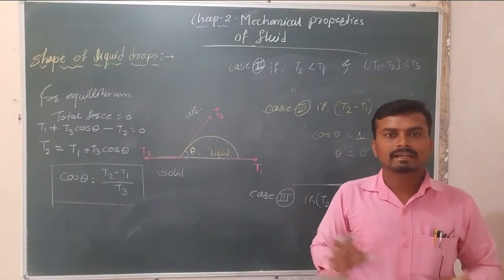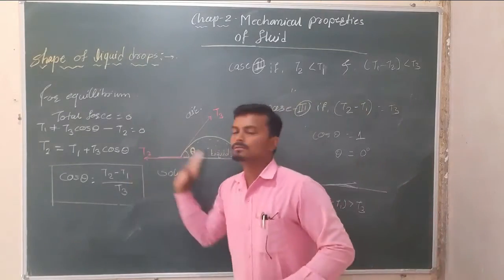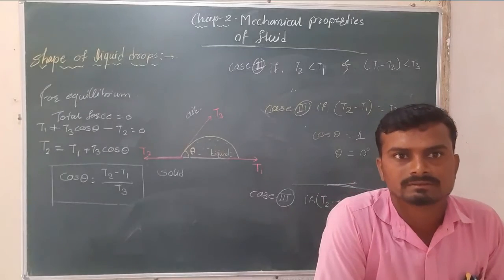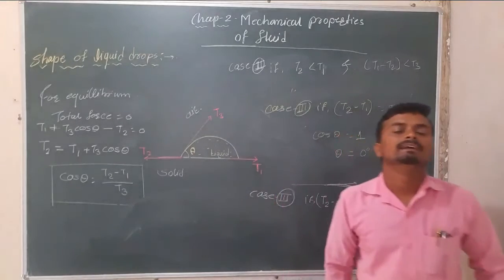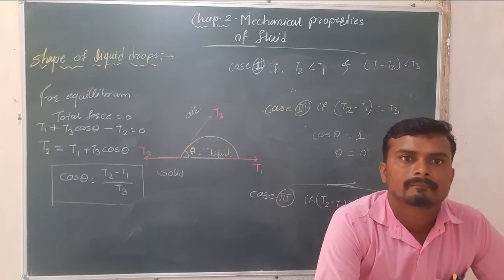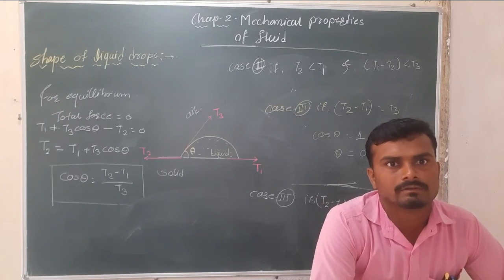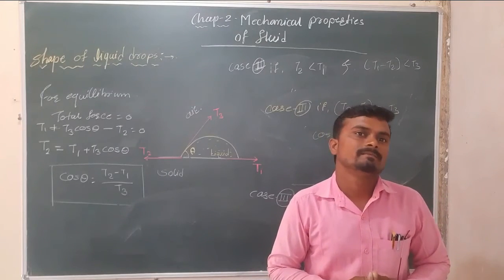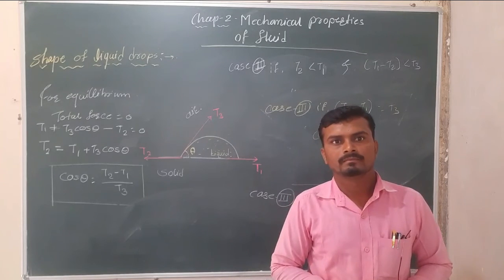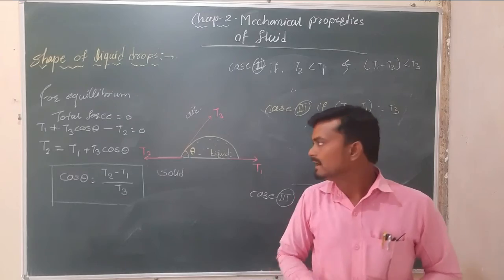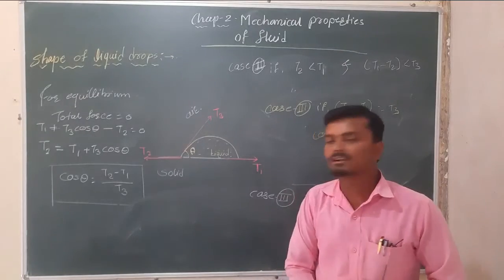That means we equate the forces in the right direction and the forces in the left direction. Why? Because we consider the equilibrium, or stability, of a liquid drop, where no net force acts on it. By rearranging this equation for cos of theta, we get cos of theta equal to T2 minus T1 upon T3.